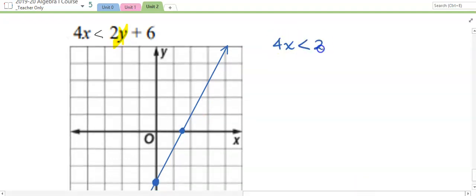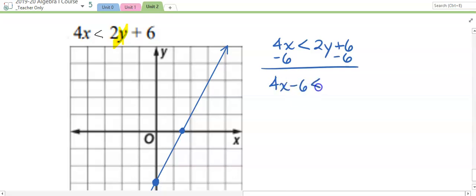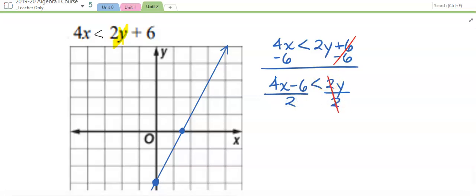4x is less than 2y plus 6. I'm going to subtract 6 from both sides. 4x take away 6 is less than 2y. I'm going to divide by 2. 4 over 2 is just 2x.